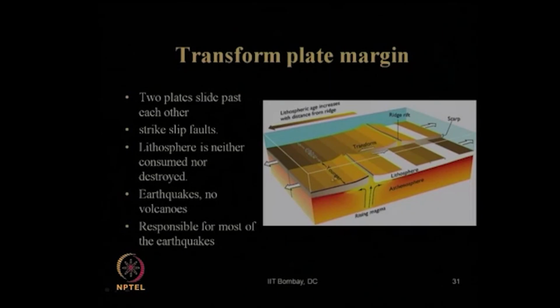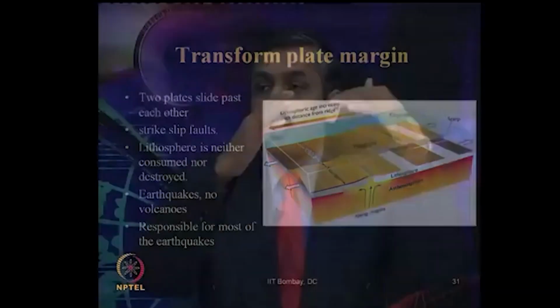That means the top surface portion of both plates remains intact, because unlike in the convergent movement, what we have seen is that one of the plates goes in over the other plate. So, one subducts. So, automatically, as we have seen, one lithosphere gets consumed.